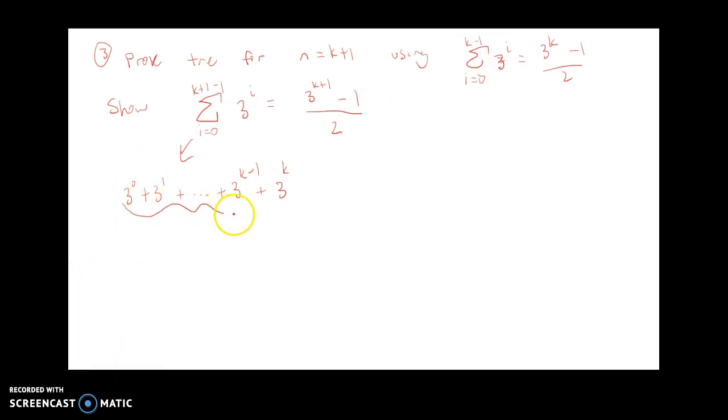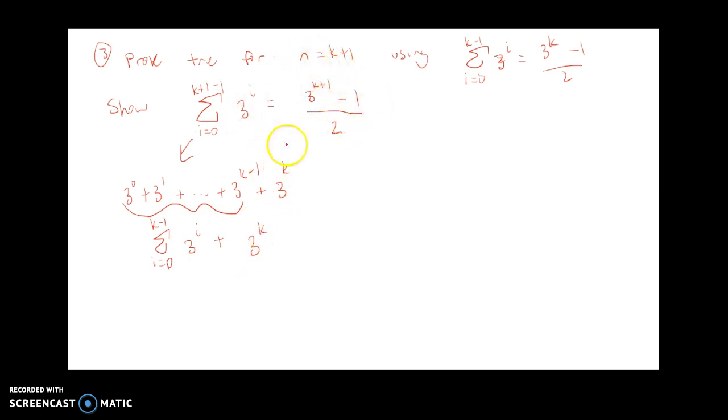So I'm going to do that. This component right here is equal to the sum from i equals 0 to k minus 1, so that's just the k minus 1 terms of 3 to the i, plus this extra term, which is 3 to the k power.